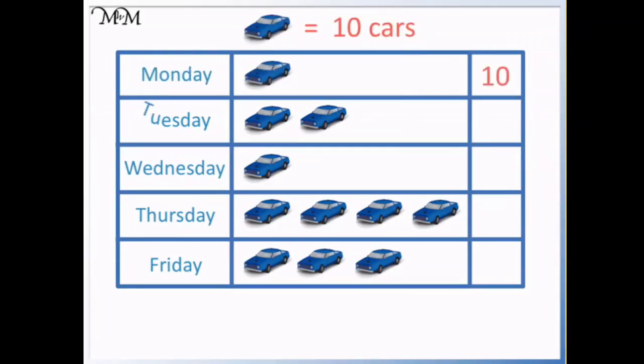On Thursday, 4 cars are given, so 4 into 10 are 40 cars were sold. And on Friday, 3 cars are given, so you can say that 3 into 10, 30 cars were sold on that particular day. So in this way, children, pictographs give us information using different pictures or symbols.